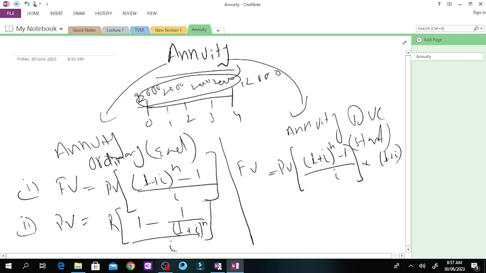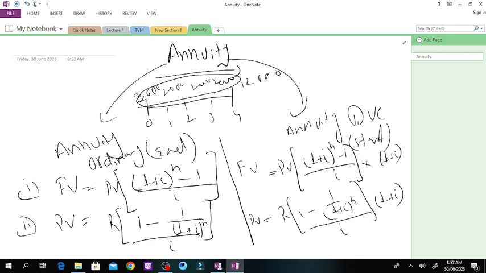Same in this case, if you wanted to calculate present value, you take R, 1 minus 1 over (1 plus i) power n, divided by i, and multiply it by 1 plus i. So this is the way you solve these questions.